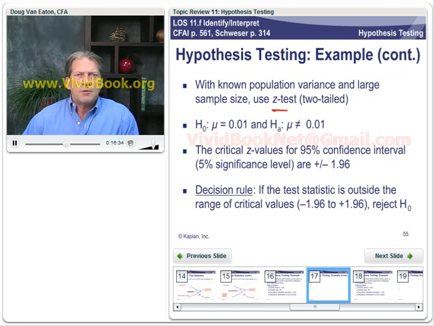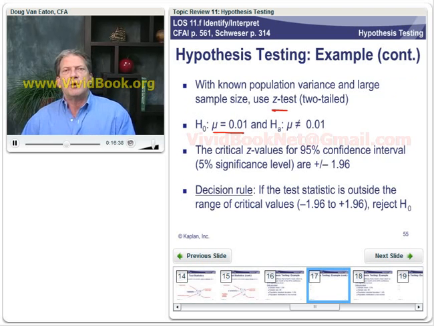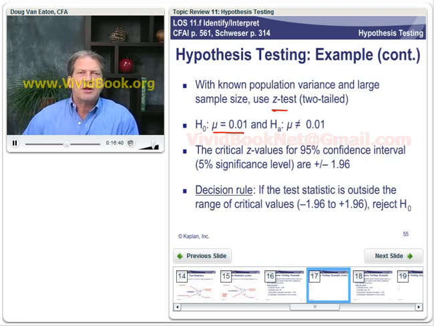Our hypothesis that we want to reject, and I don't know why we'd want to reject this one, let's just ignore that for the minute. But we want to reject the null, the researcher does, that the mean return is 1% a month. So the alternative is just not equal to, so we have a two-tailed test. So what are the critical z-values?